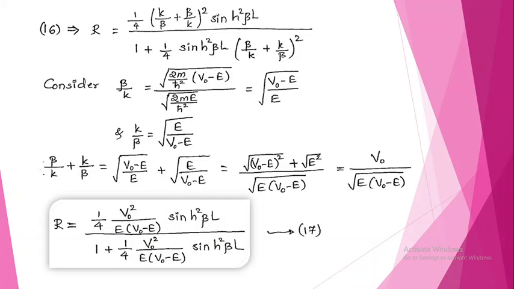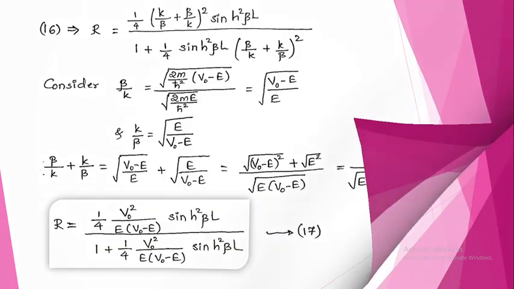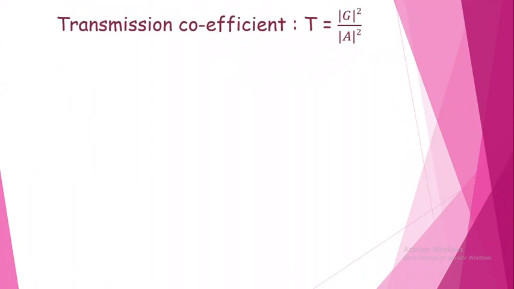So this is the equation which gives us the reflection coefficient, where the energy as well as the potential of the barrier terms are involved. Let us call it equation number 17, so that we can draw further conclusions. Coming to the next step, that is the transmission coefficient.